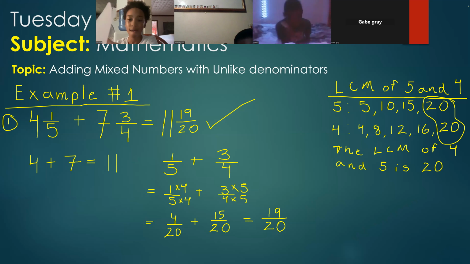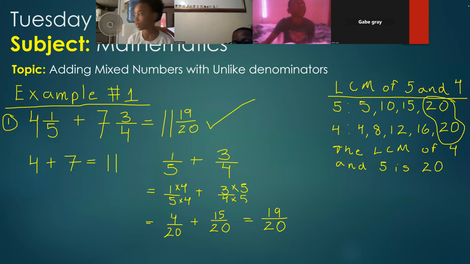DeAndre, how can you explain how we got 11 and 19 over 20, please? DeAndre?